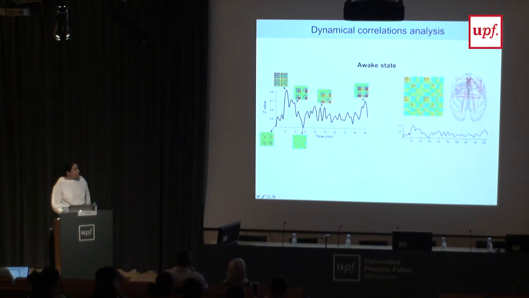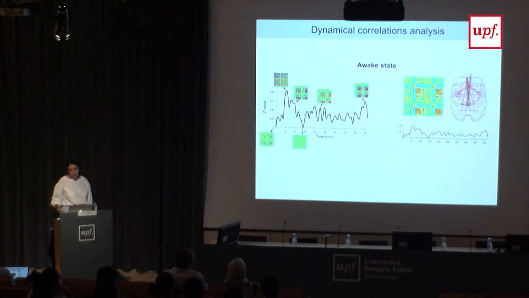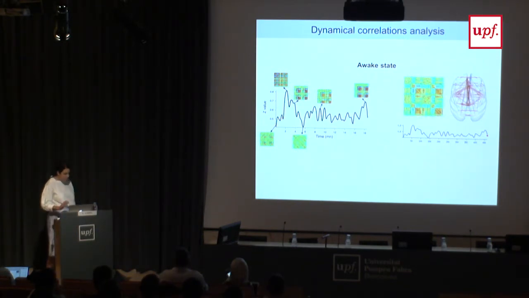So if you do only stationary functional connectivity analysis, you get one state, but perhaps it's a state that could even be impossible in real life, because it's an average of 20 minutes of acquisition of a signal.